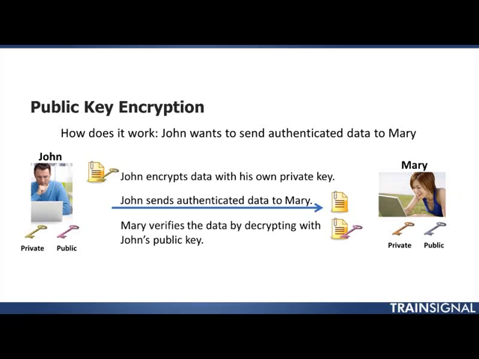And I will tell you that if you go back to symmetric key encryption when we were talking about it, and we were saying that a symmetric key exchange over an unsecured network is secured using public key or asymmetric key encryption, this is what we're talking about. If John and Mary wanted to have a private conversation and they were going to use symmetric key encryption for that private conversation, they would have to first transmit that symmetric key by encrypting it using an asymmetric key encryption process like public key encryption.